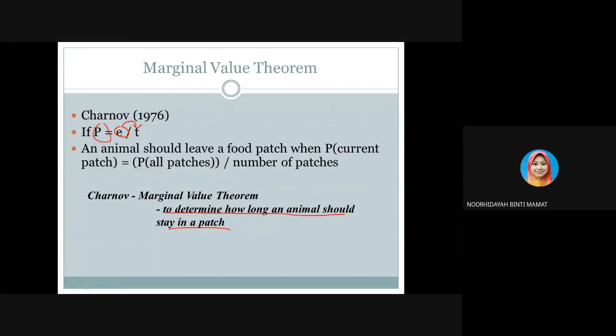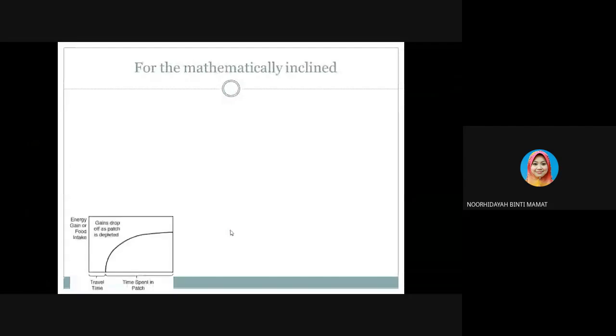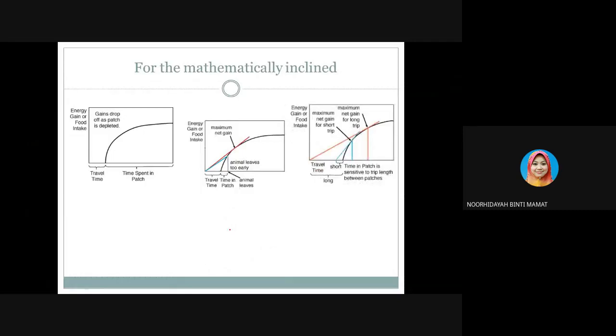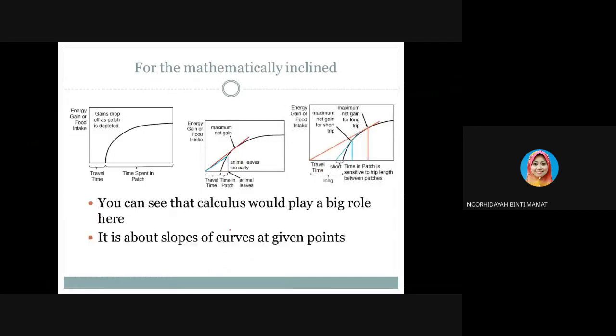Okay, so we go to the mathematically inclined. As you can see from this first figure, on our left hand side is the travel time, and our right hand side is the time spent in the patch. The gain is the energy gain or the food intake.